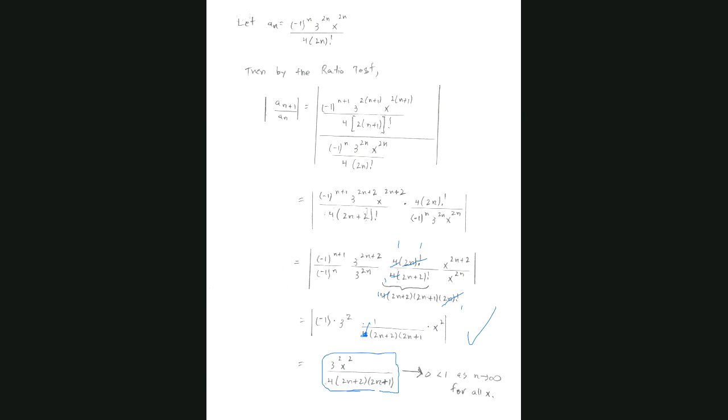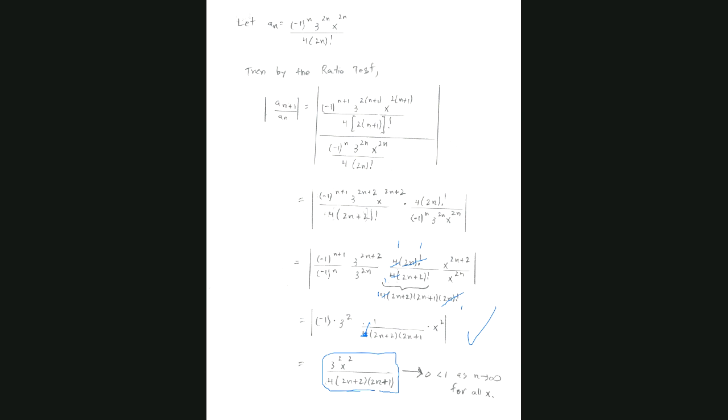Therefore the power series, our Maclaurin series, is going to converge for all x values. So the interval of convergence will be from negative infinity to infinity.